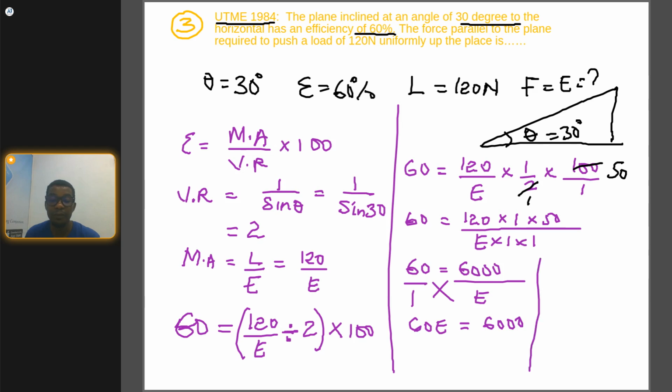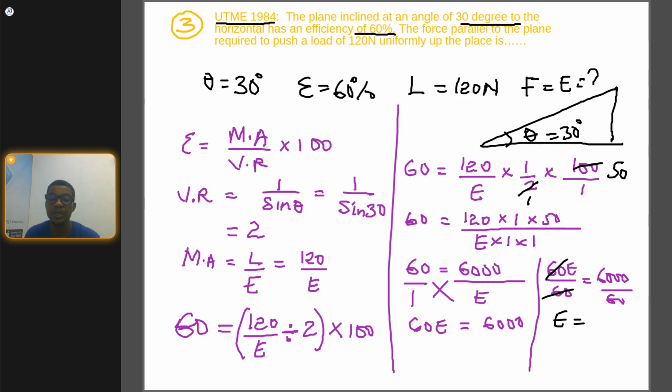To get the value of the effort, which is E, we are going to divide both sides by 60. That's 60E over 60 equals 6,000 over 60. 60 cancels out 60.